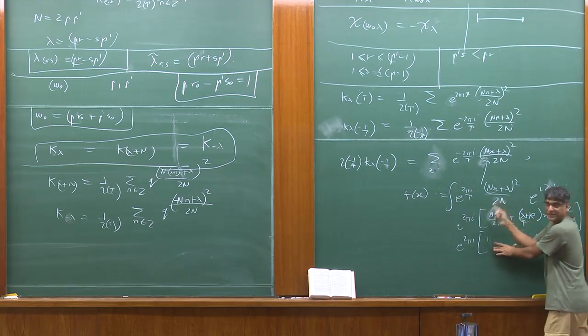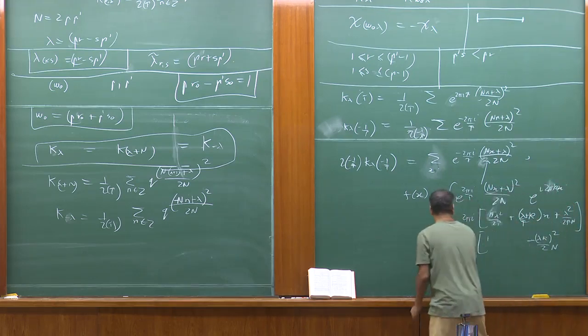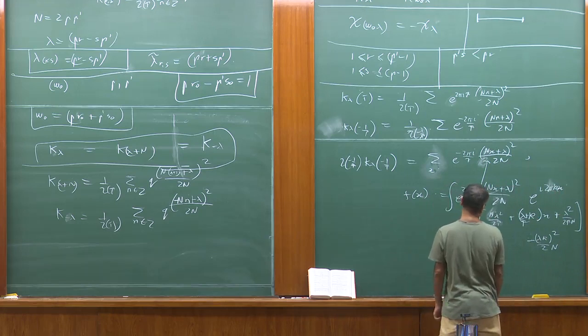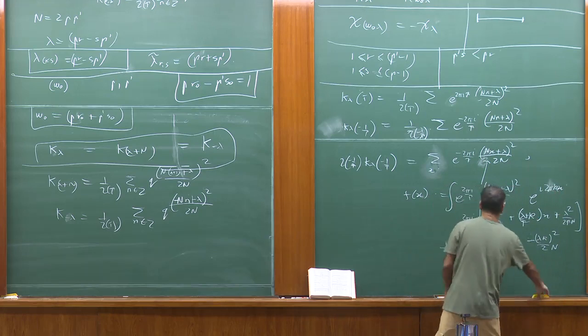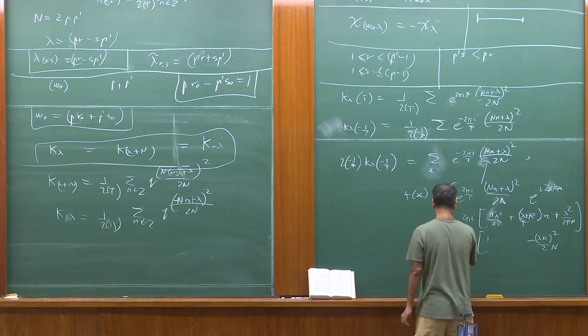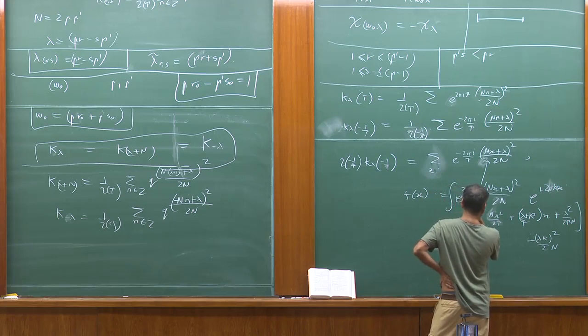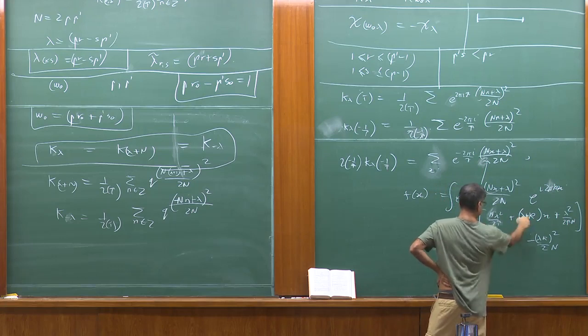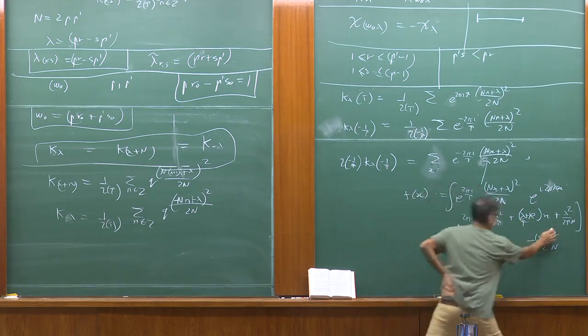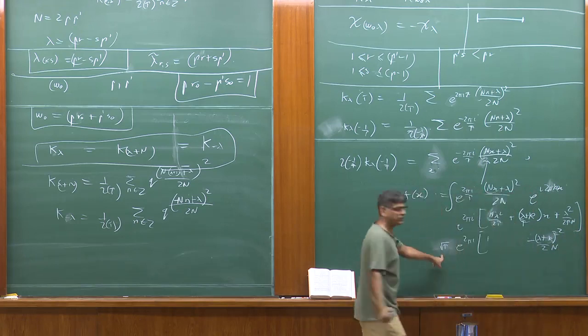When I have the complete square, I do the integral. Lambda plus k, all things squared.